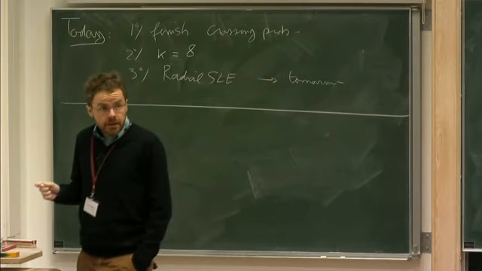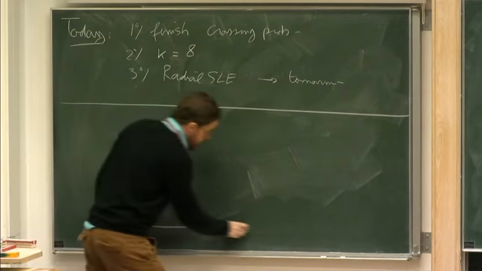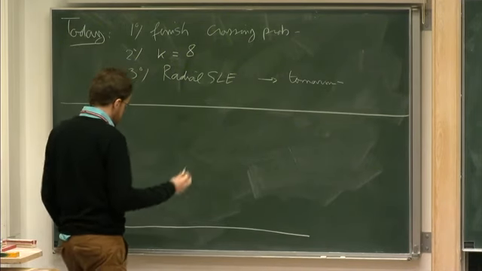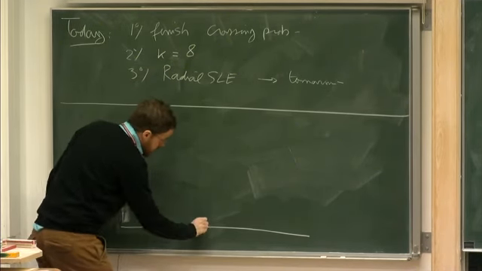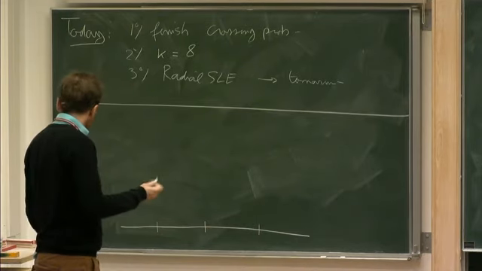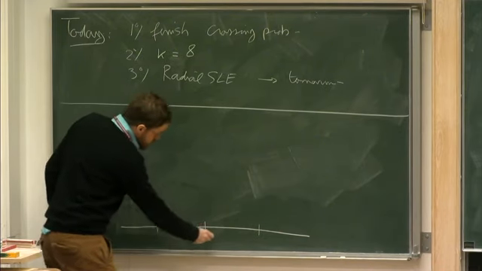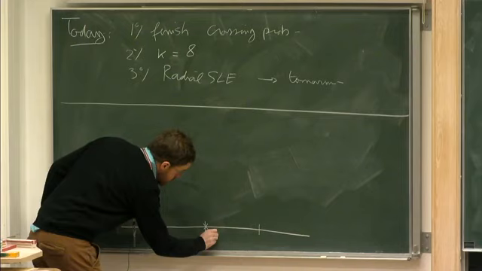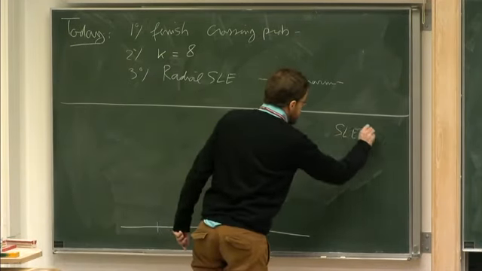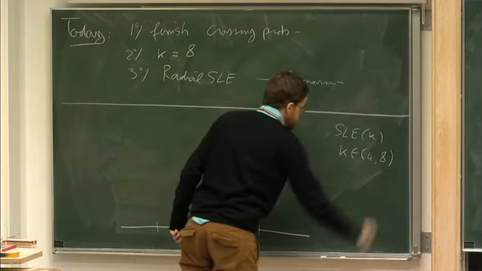So recall what we wanted to compute and what I stated yesterday. And I want to restate it because there was some normalization missing in the statement. And also because I want to just change the notation a little bit just to fit what is in the literature. So what we had was an SLE in the upper half plane. So SLE kappa, and I'm taking kappa between 4 and 8.